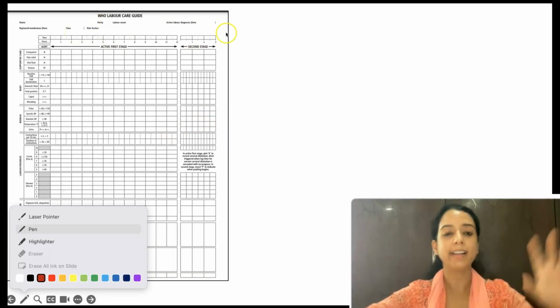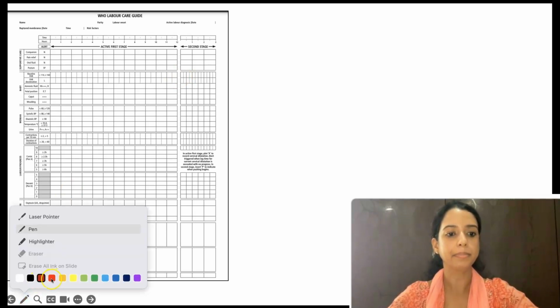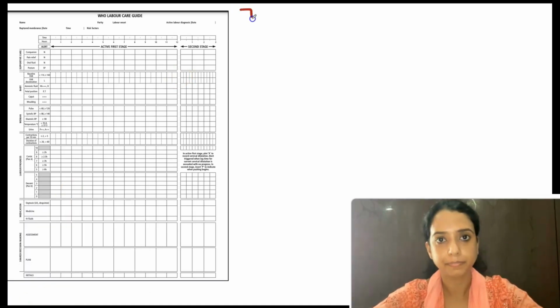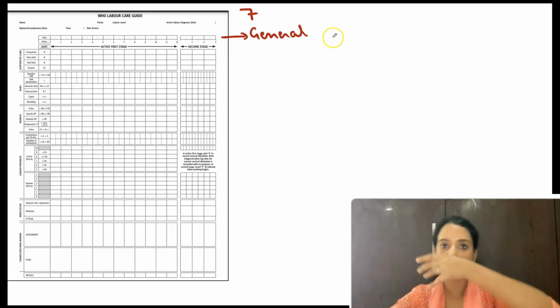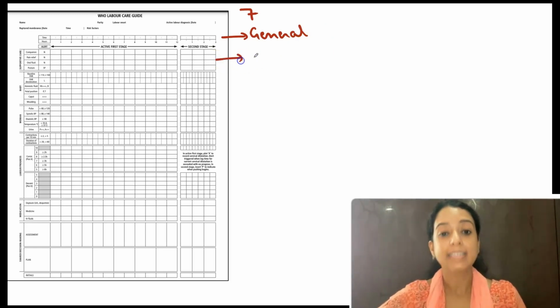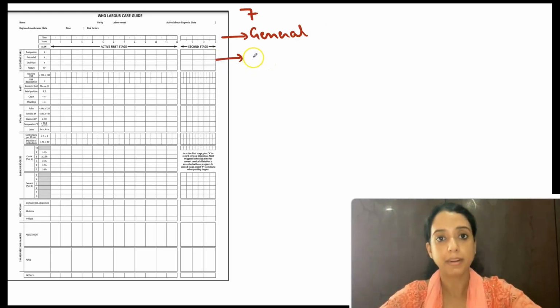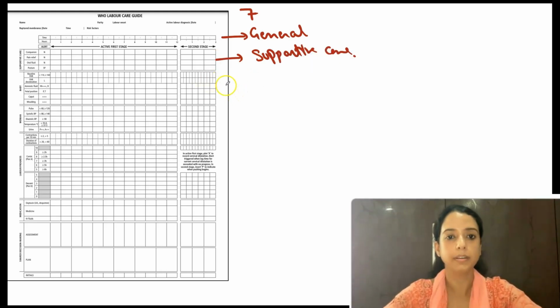Now let's see what the various parameters are. The WHO Labor Care Guide has 7 parameters. The first is the general information. It includes information about the mother, the parity, when the labor started and all those things. The second is an important, newly added parameter, which is supportive care. We'll see what it includes.